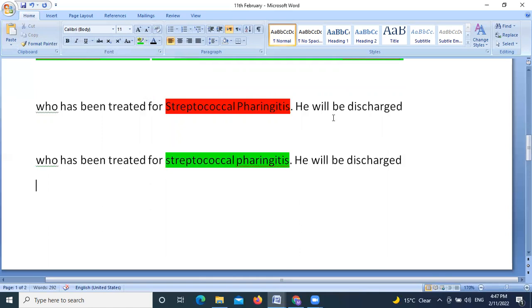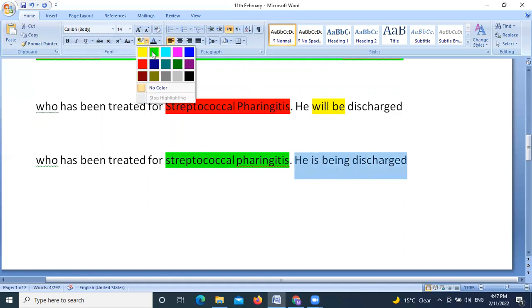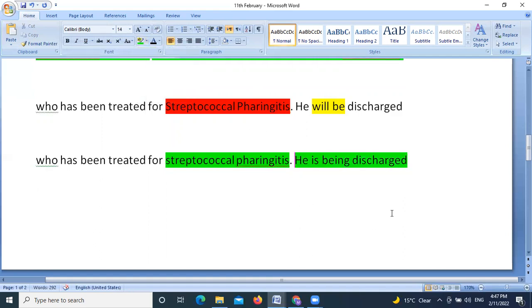Then in the next sentence, "he will be discharged". This is not wrong, but most commonly in polite language, we say "he is being discharged". Like this, this is a better way.